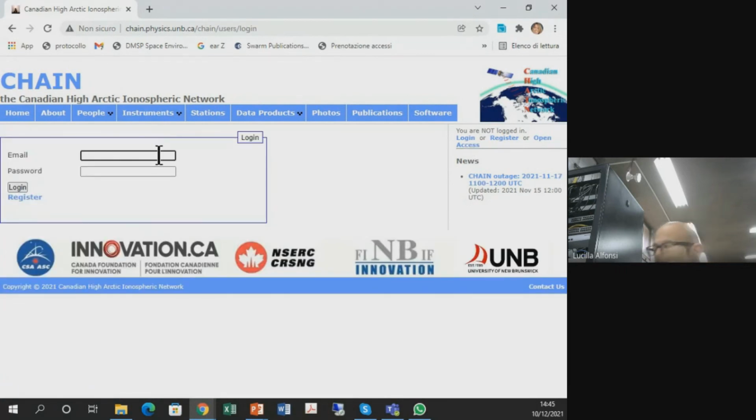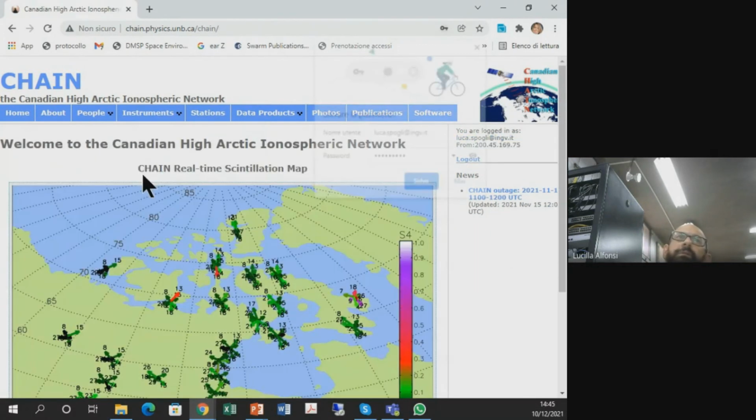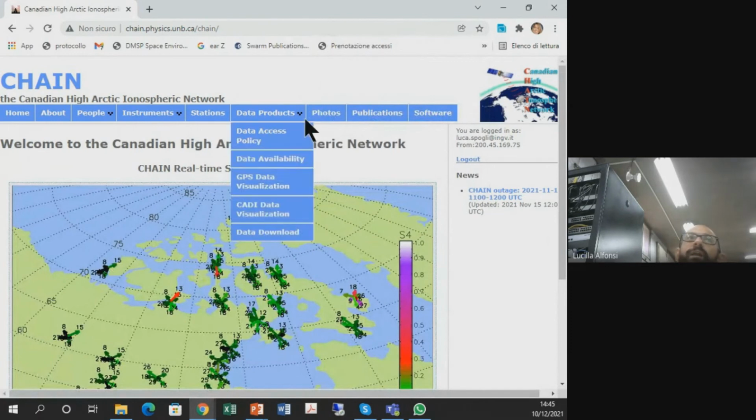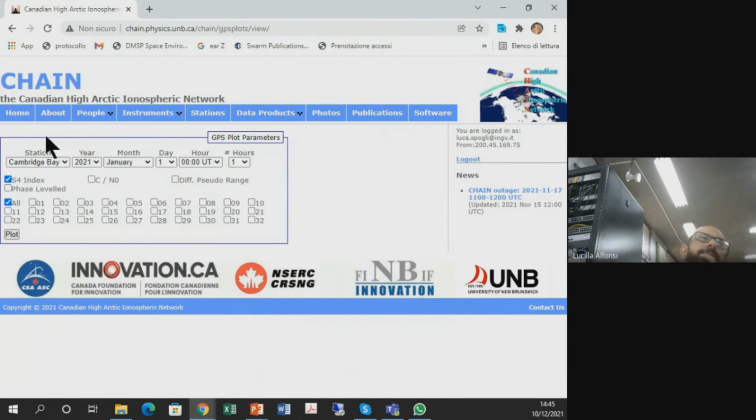Here we can use, for example, the credentials of our colleague Luca. So, for example, we can plot the GPS data, so the scintillation data. Here you have the list of the stations available.